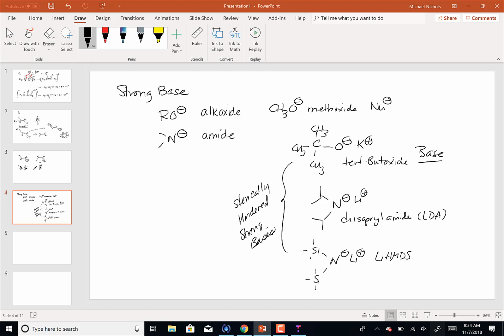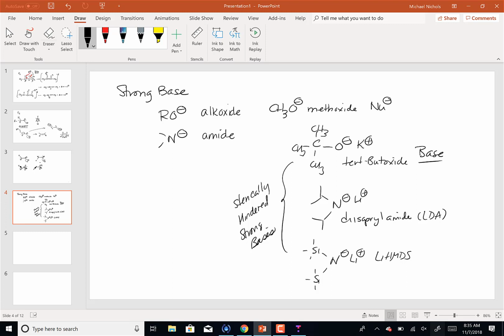So again, I'm using fundamental principles here. I don't want it to act as a nucleophile. I want it to act as a base. The way to make it act as a base is to make it sterically hindered. Now, there are going to be consequences for that, but they will act as bases. Okay? So we're going to focus on potassium Tert-Butoxide.